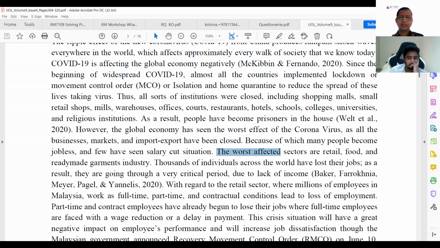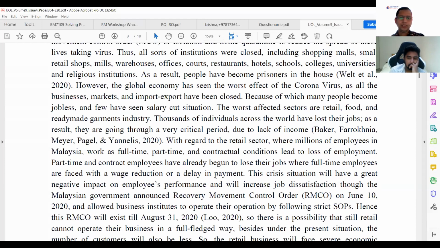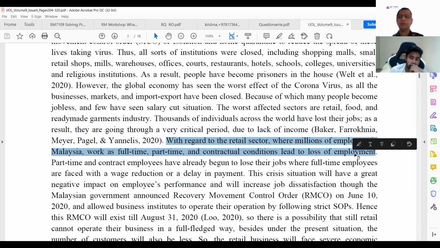The worst affected sectors were retail, food, ready-made garments. Thousands of individuals across the world have lost their jobs. This is none of our business in this article. With regard to the retail sector, where millions of employees in Malaysia work, this is a real problem because our research location is Malaysia. With regard to retail in Malaysia, working on full-time or part-time or contractual conditions led to loss of employment because of the COVID.